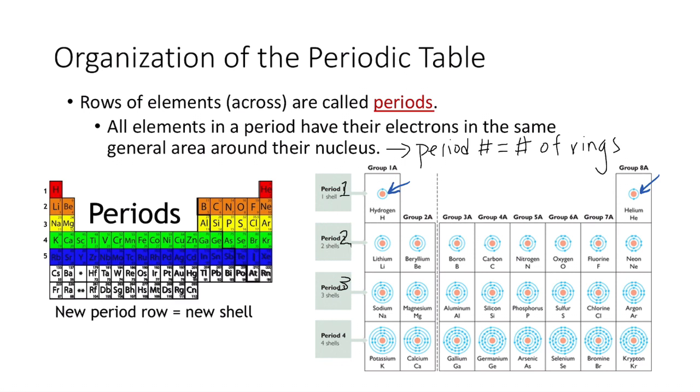Period 3, you're seeing 3 rings across all of them. And period 4, you're seeing 4 rings. So we're basically looking at a Bohr model, which you should recognize from Science 9. There will be a short refresher, though, on Bohr models later on. So new period, which is a row, means that there is a new shell, and a shell is just a ring of electrons.